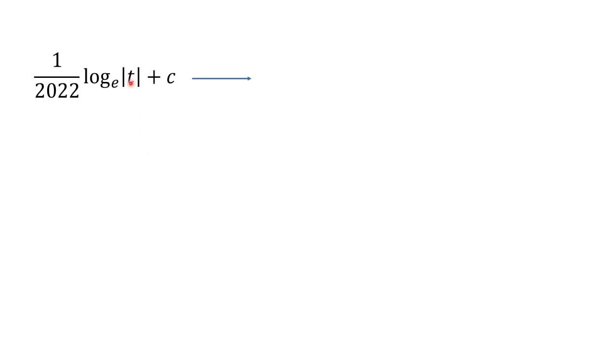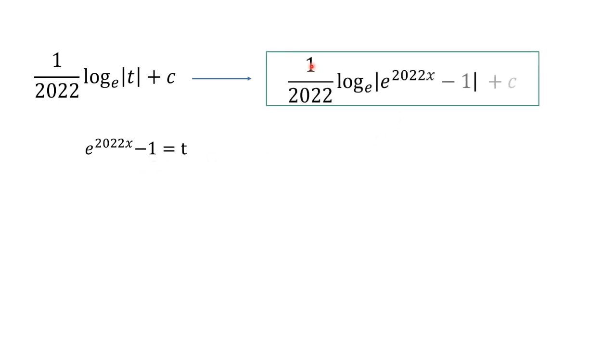We have to do the back substitution, as we want the answer in terms of x and not t. T was e to the power 2022x minus 1. So finally we get 1 divided by 2022 ln of mod of e to the power 2022x minus 1 plus c.